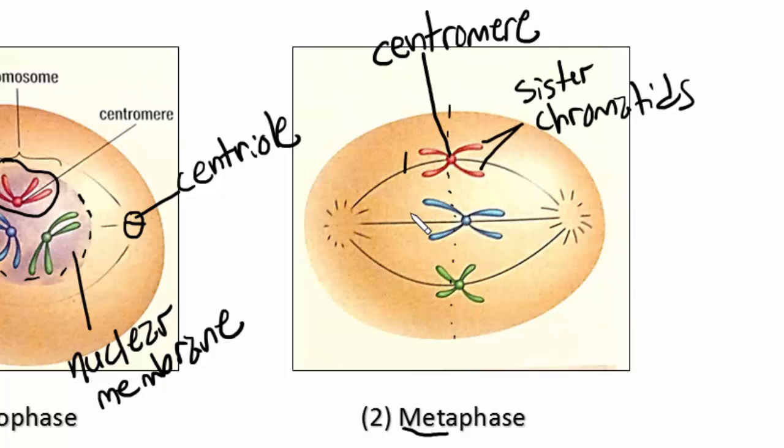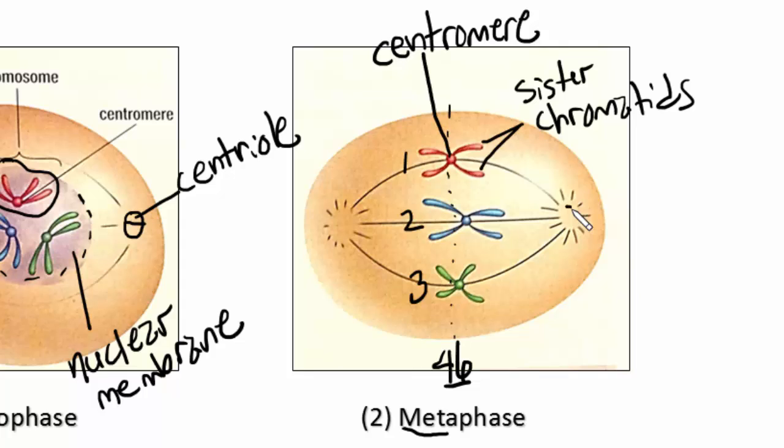Remember, they're identical. 2, 3. Now, this is not the number of chromosomes in a human cell, all right? This is just for simplicity. They're drawing 3. There would really be 46 of these things in humans. We have 46 chromosomes in our human cells. All right, but that's too many for this diagram.